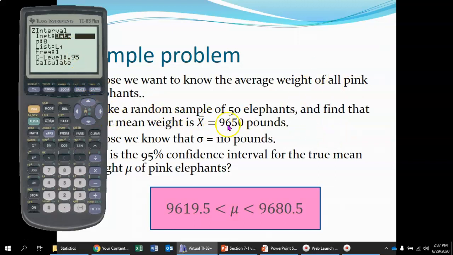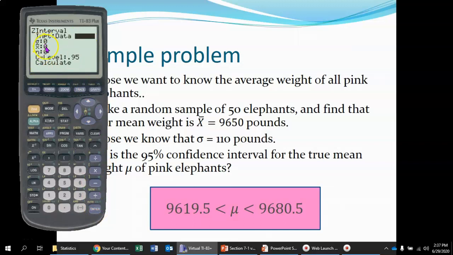But here, it didn't tell us what each individual elephant weighed. It just told us that the sample mean was 9650. So to put that in, we need to go to stats. So highlight the word stats and hit enter.